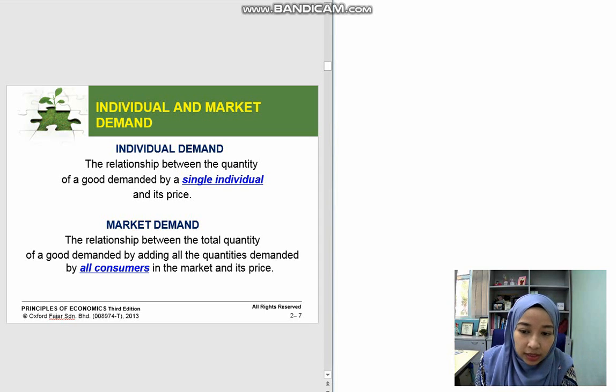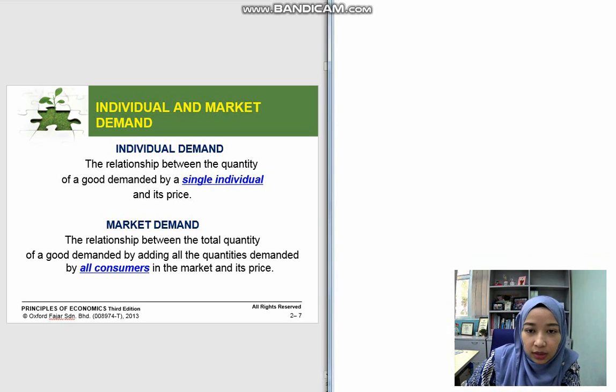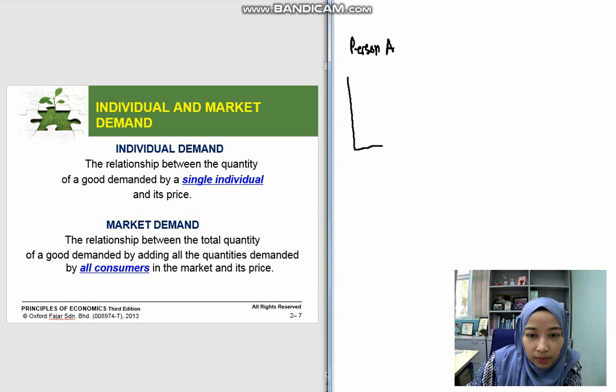Market demand indicates the total demand made by all consumers in the market. For example, we are talking about the demand for shoes. Let's say we have here individual demand, which means one individual, I put it as person A, and this is the demand for shoes by person A.